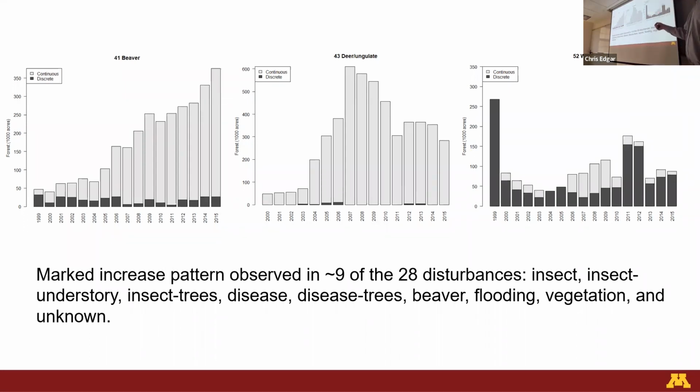A second basic pattern, which differs from this marked increase over the time length, is a rapid increase and then a dropping down to a more moderate level and holding fairly steady. And this is the deer ungulate.